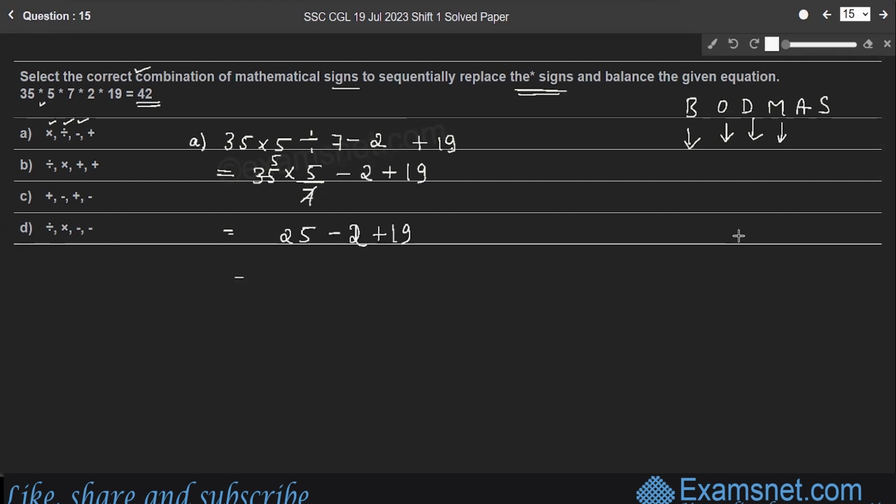Go for addition. So 35, 44 minus 2 is 42, which is the right hand side. Therefore, option A satisfies the given equation. If you replace all these asterisk signs with the signs according to option A, into, division, subtraction and addition, the left hand side will be equal to the right hand side. The equation is balanced now, so option A is the right answer.